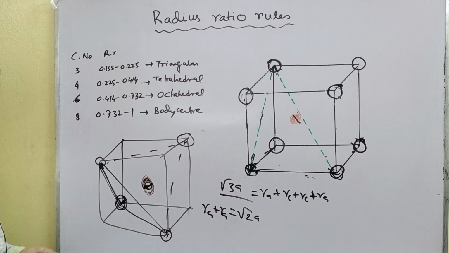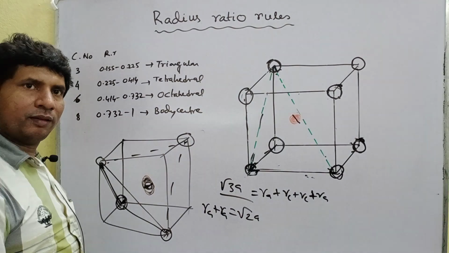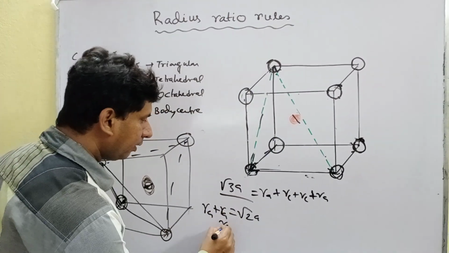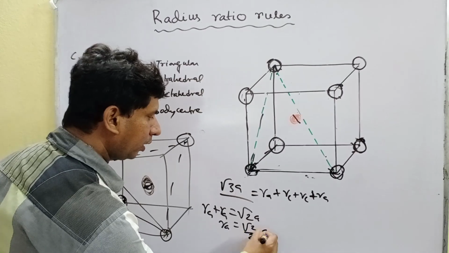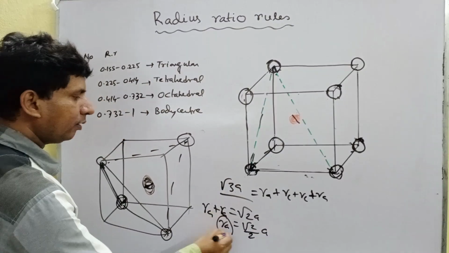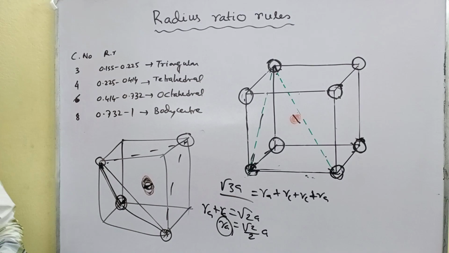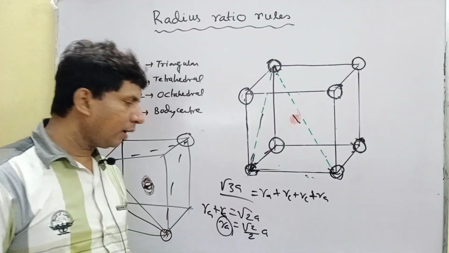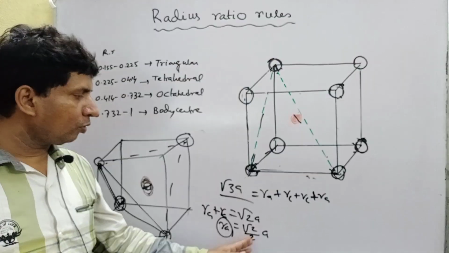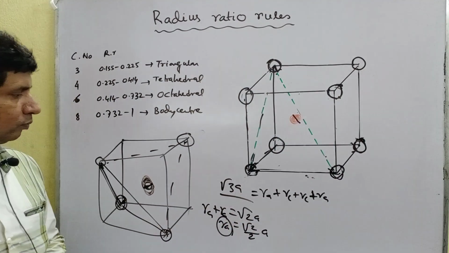The edge length of the cube is a, then what will be RA? RA equals √2a by 2, clear?